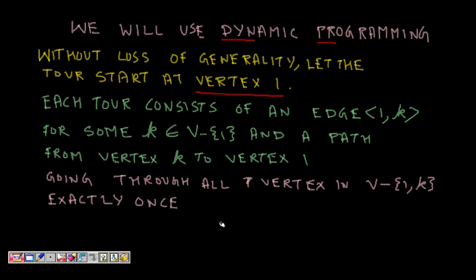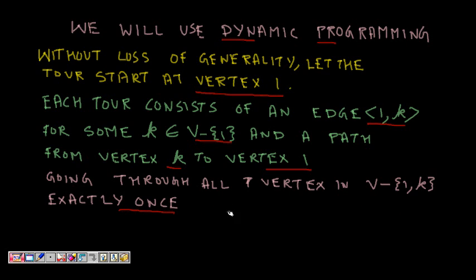If I start from 1, it will next go to some other node, so that is one edge, 1 to k, where k belongs to the set of vertices minus node 1, and a path from vertex k to vertex 1 which goes through all the vertices in V minus {1, k}, and it goes through all of them exactly once.